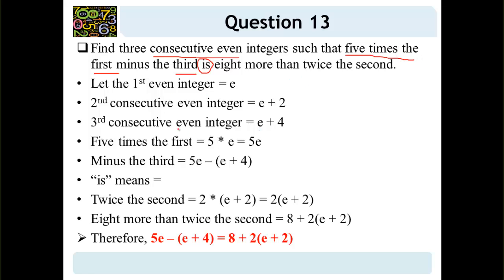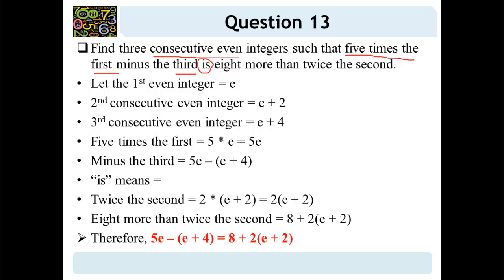We said let the first even integer be e, then the next consecutive one is e plus 2, and the third consecutive one is e plus 4. That is the first thing we write. Then 5 times the first is 5 times e, which is 5e. Now minus the third means 5e minus parenthesis e plus 4. We have to put this parenthesis because of the subtraction sign.